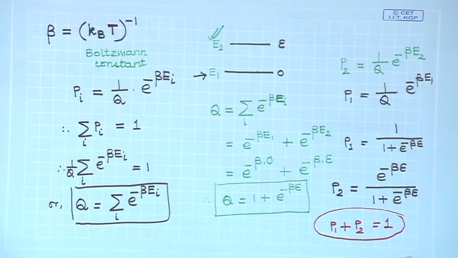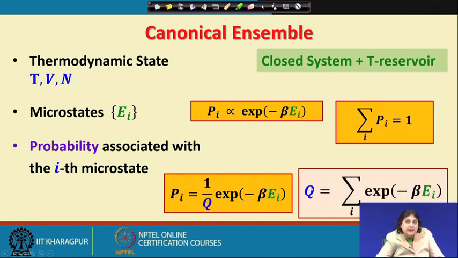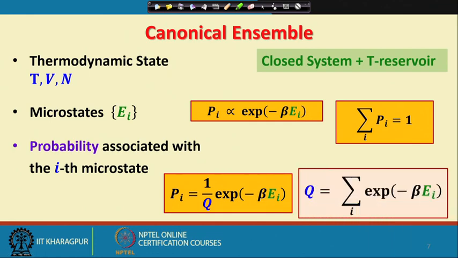So, what I have achieved over here is as follows. I have achieved here the probability associated with the ith microstate in terms of not only the energy eigenvalue, but also in terms of a normalization constant which sums over all possible microstates of the system.